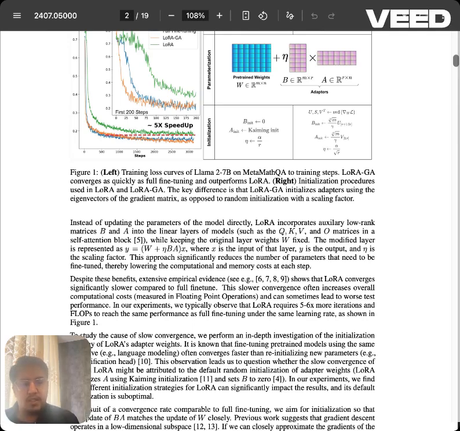So the authors are basically proposing that if the initial directions of the adapter gradients don't actually align with the weight update directions that the full model would take, the low rank adapter would have to discover these through training, which is what is costing the iterations in the model itself.